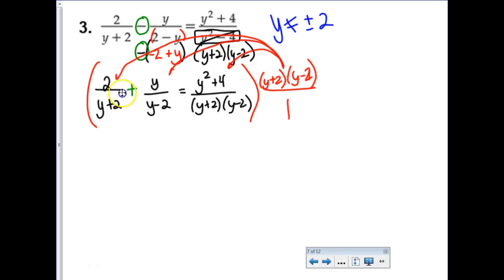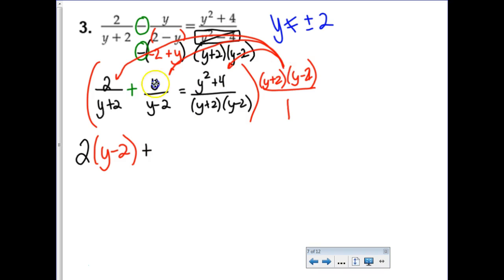So when you take this first fraction and multiply it by the LCM, what's going to cancel? The y plus 2's are gone. So you still have the 2 from the original numerator, and you still have the y minus 2 from the LCM. But the other parts are gone. They canceled. Okay, then you have a plus sign.